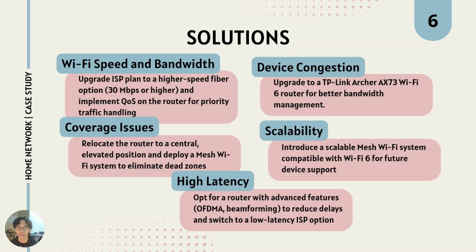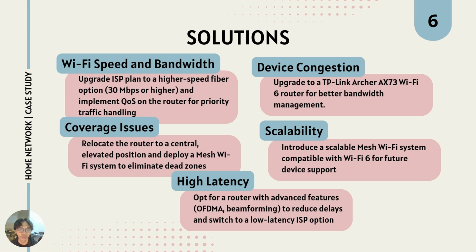So we go to the proposed solutions for each of our problems. For the first problem, which is Wi-Fi speed and bandwidth, we have to upgrade the ISP plan to a higher speed fiber option, which is 30 Mbps or higher. And of course, enable QoS, which is quality of service, to prioritize critical devices.